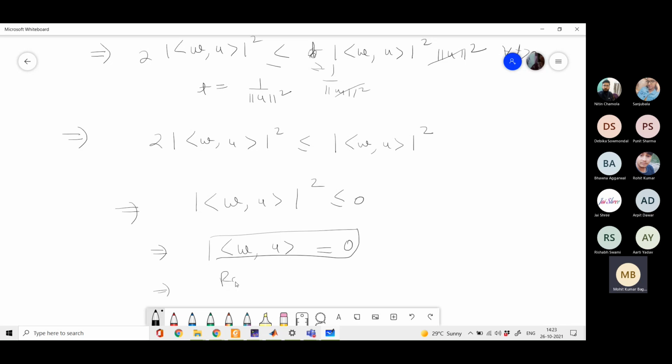The range of P is orthogonal to the null space of P, and P is an orthogonal projection. Okay, any doubt?